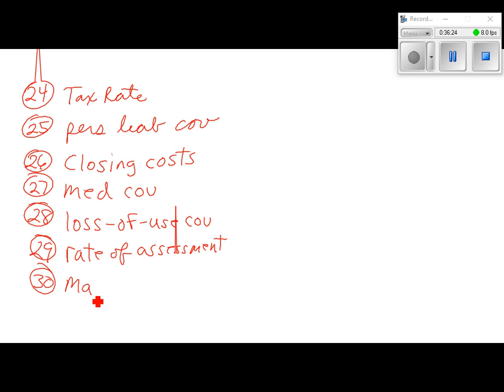That's the market value. And 31, the dollar value assigned to a property for taxation purposes. That's the assessed value.